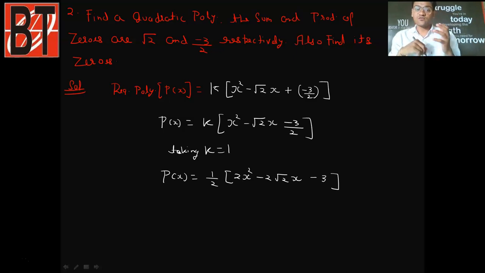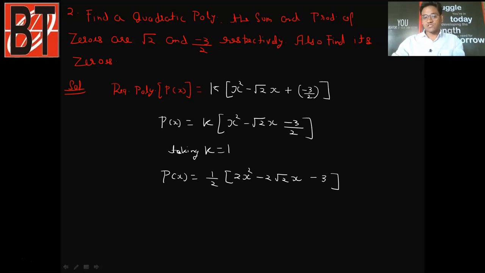So we have to factorize this, and equate it to 0, and then we will get the two zeros individually. This half will go in the denominator of 0, when I equate it to 0.